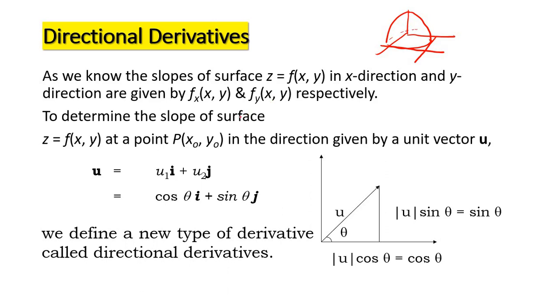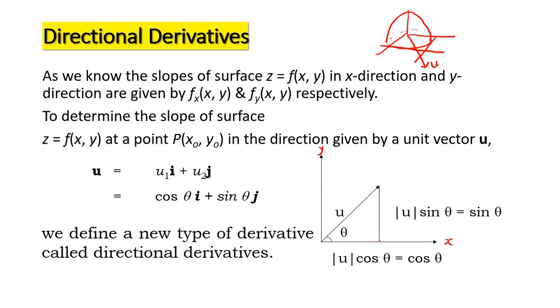And here, to determine the slope of surface z equal to f(x,y) at a point P(x0, y0) in the direction given by a unit vector, let's say this unit vector u, which is u1 i plus u2 j, making an angle theta with positive x-axis, this is y-axis. Since u is a unit vector, the opposite length here will be the magnitude of u, which is 1 unit, times sin theta, which is equal to sin theta.